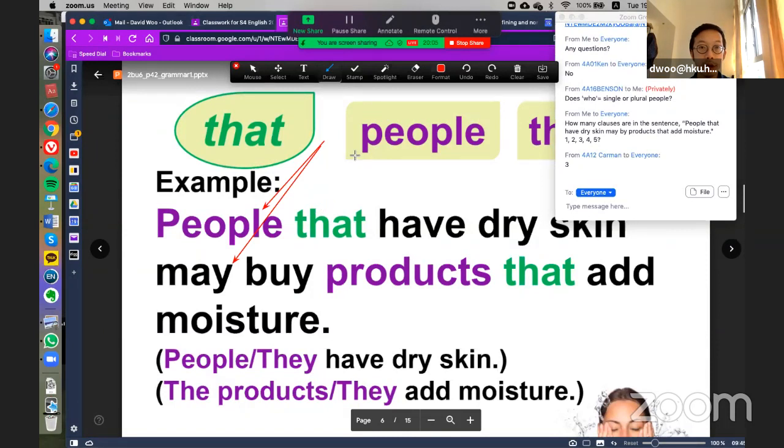That's 1 clause. People have dry skin. That's the 2nd clause. Products add moisture, 3rd clause. So actually, the person combined 3 clauses to make 1 sentence using 2 relative pronouns.